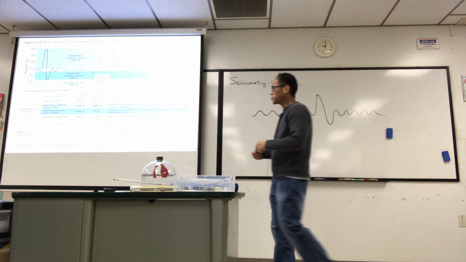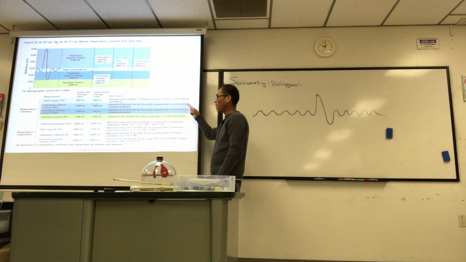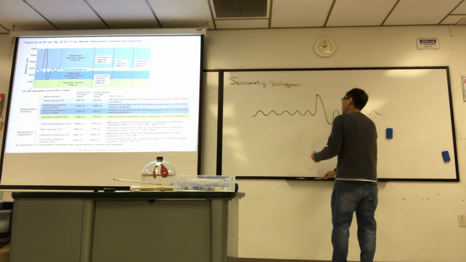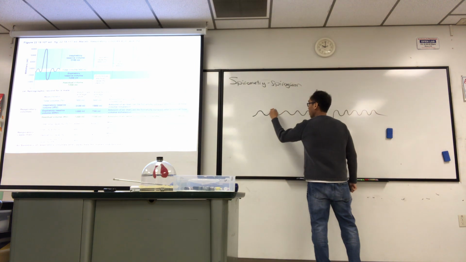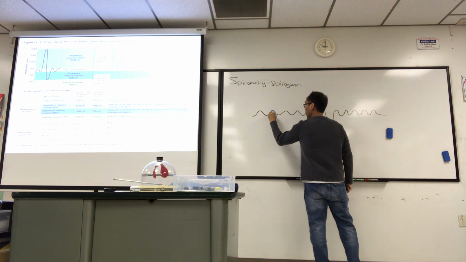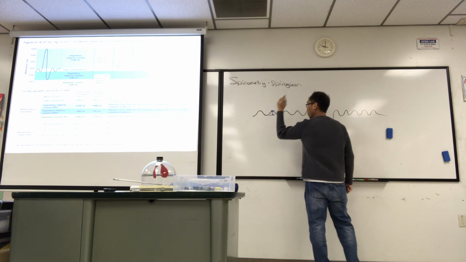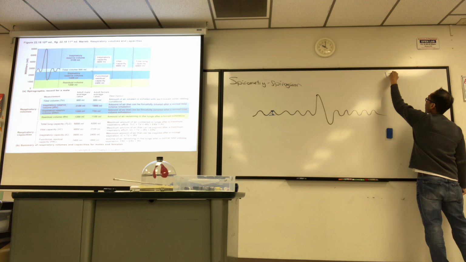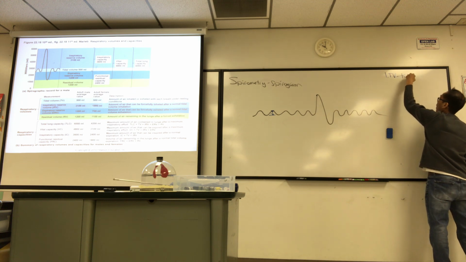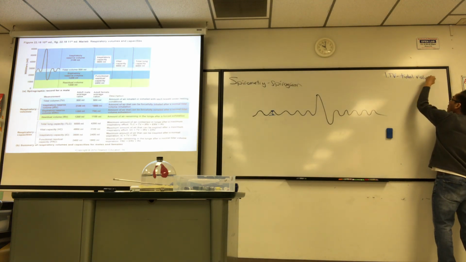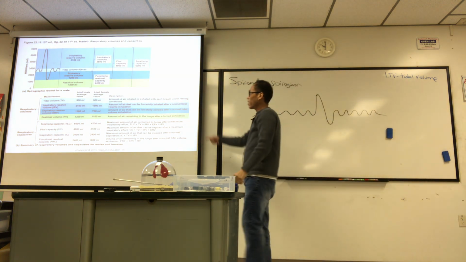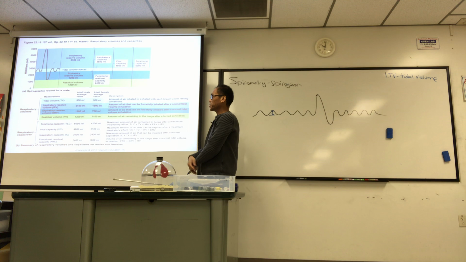So the things that you can measure, a normal breath, this first one, tidal volume. Let's say it's just from there to there. Call it number 1. Tidal volume describes the amount of air inhaled and exhaled with each breath under resting conditions.